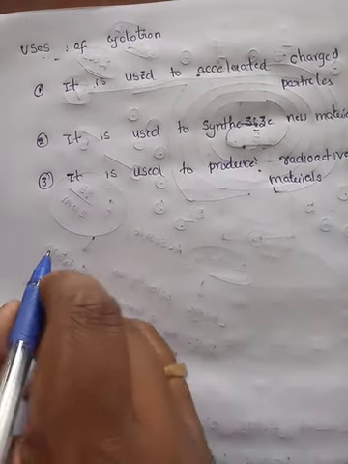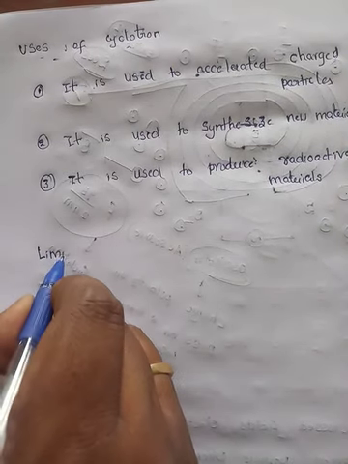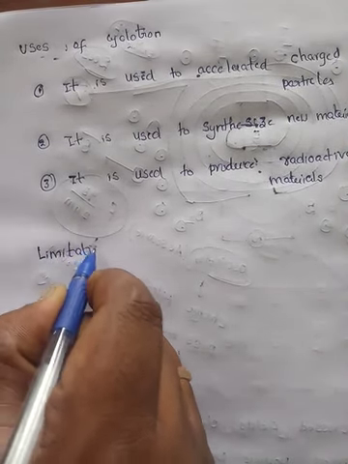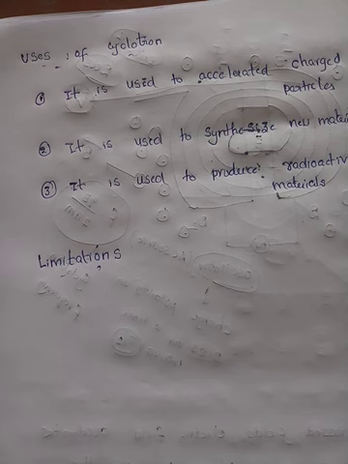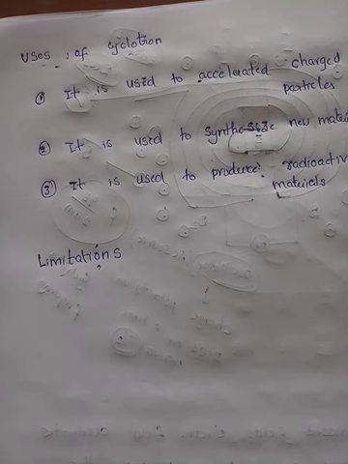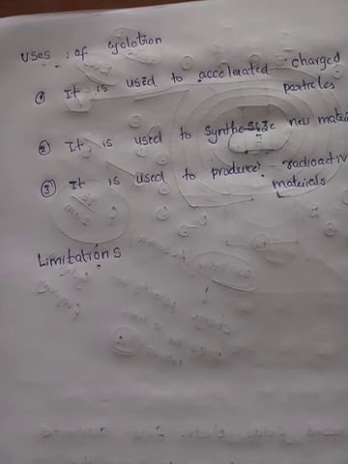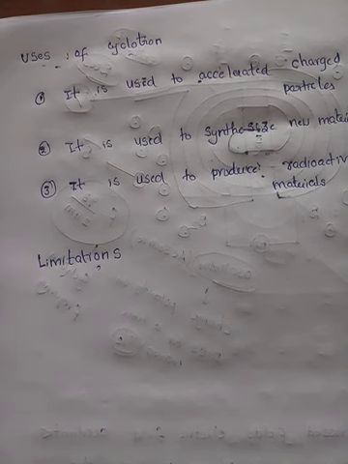Next, coming to limitations. What are the limitations? We are saying that it is used to accelerate charged particles, but it cannot accelerate neutral particles, and it cannot accelerate electrons also. Why? Electron has very little mass.